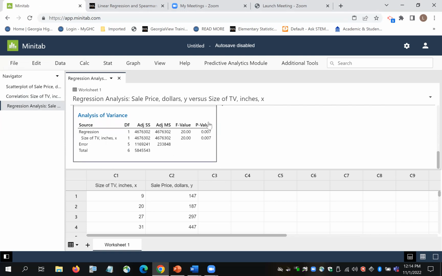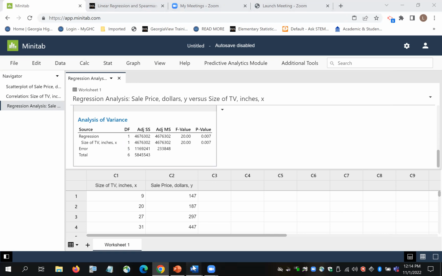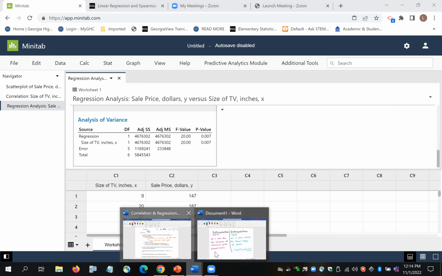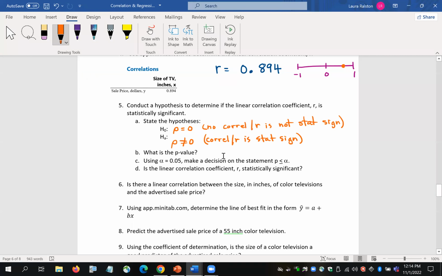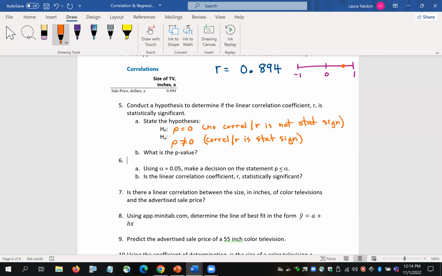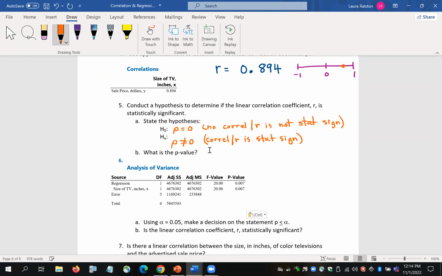I'm going to copy this. And what we're looking for is this p-value right here. Notice it's the same for both of them.